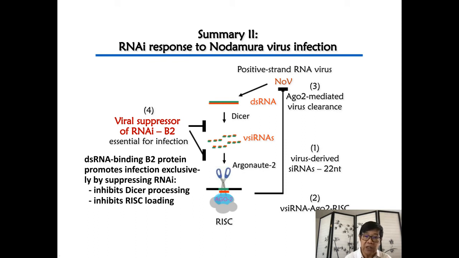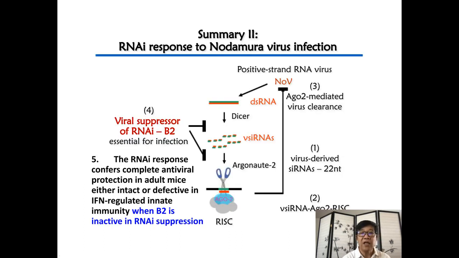Most importantly, we find B2 promotes viral infection only by suppressing RNAi, not by any other means, because B2 becomes inactive in RNAi defective cells, and the B2 suppression is incomplete.